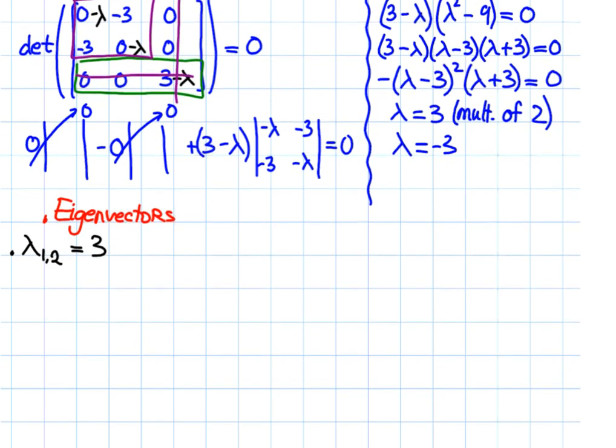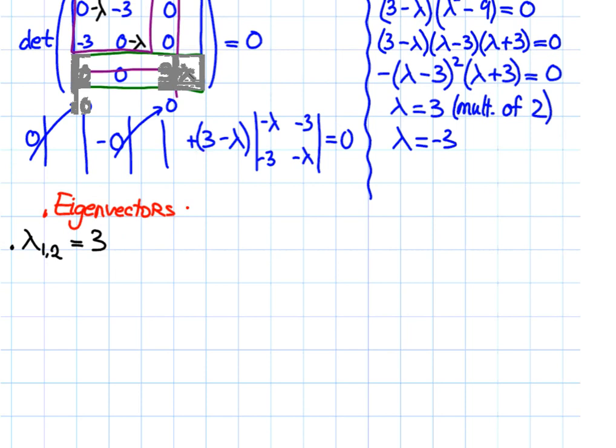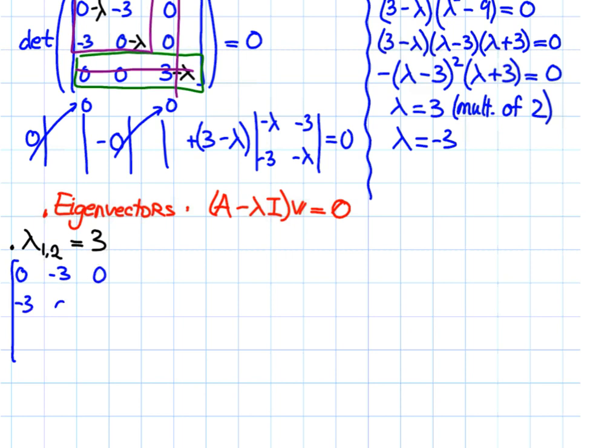Right. So for eigenvectors, we will solve the matrix equation A minus lambda I times the vector V equal to a 0 vector. So first we have the original matrix, 0, negative 3, 0, negative 3, 0, 0, 0, 0, and 3. We will subtract the diagonal entries by lambda, so we minus 3 on the diagonal.